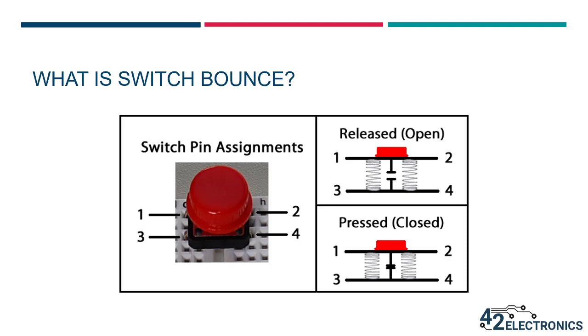Now, these plates are made of metal, so they will conduct electricity, but this metal-to-metal contact can result in the two plates bouncing off each other a very tiny amount until they settle either fully together or fully apart. This microscopic movement can result in the switch being opened and closed very quickly, typically less than 1 millisecond, until the switch settles into a desired state, and this phenomenon is referred to as switch bounce.